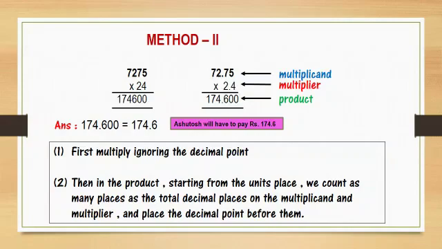So we get the final product as 174.600, which can also be written as 174.6. So Ashutosh will have to pay 174.6 rupees.